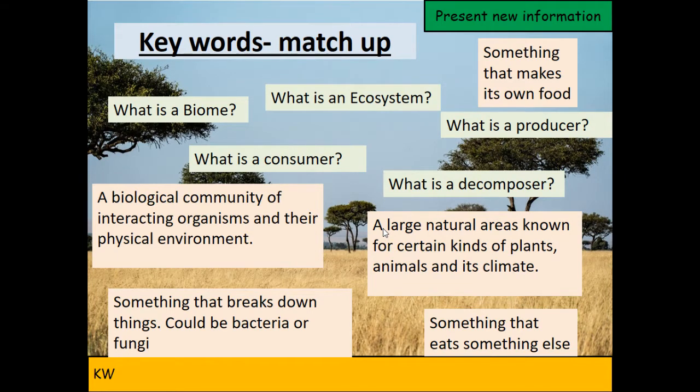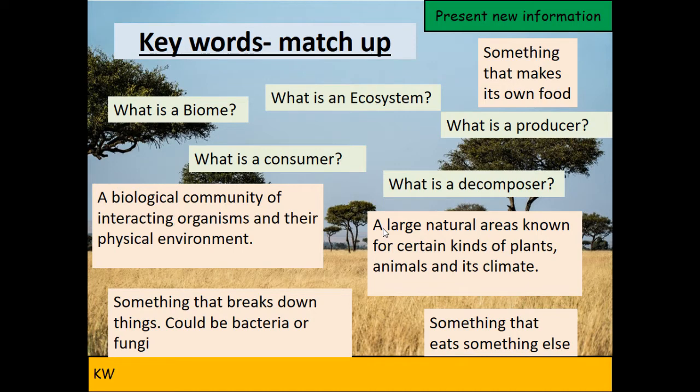A large natural area known for certain kinds of plants, animals, and its climate. Something that breaks down things, could be bacteria or fungi, and something that eats something else. So pause the screen, have a go at matching those up, and I will go through the answers with you in a second.